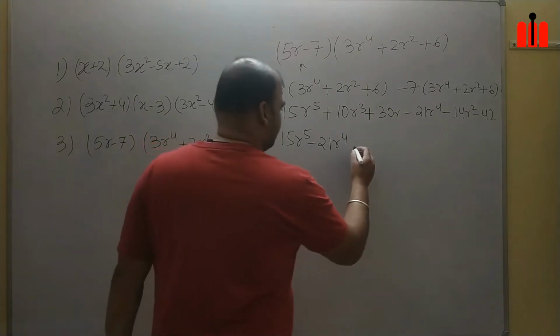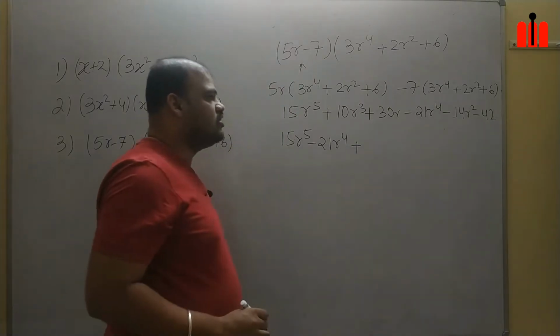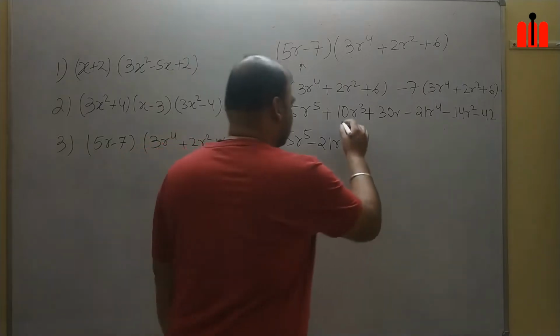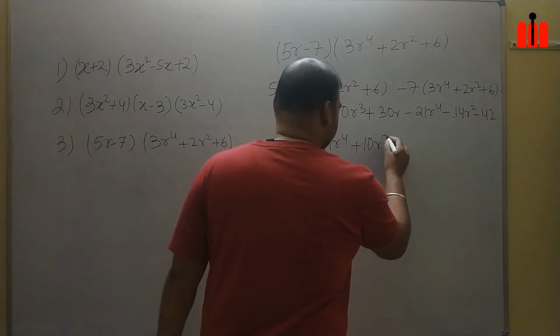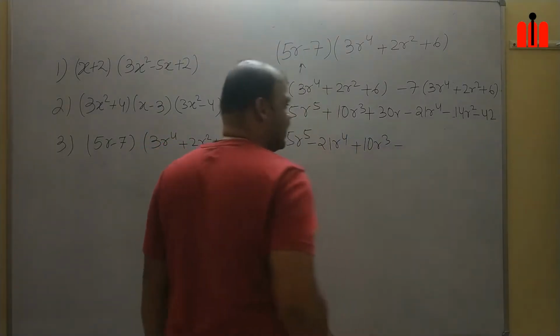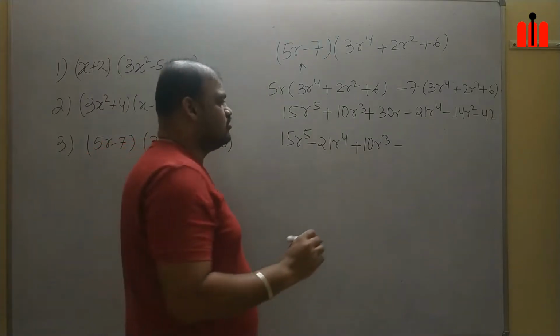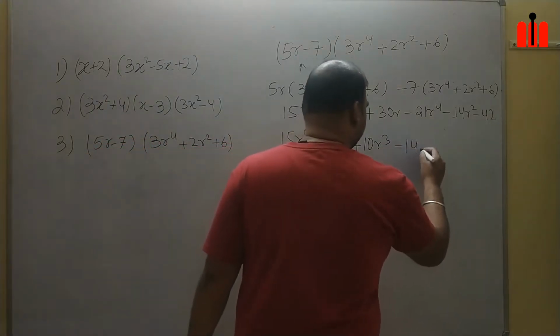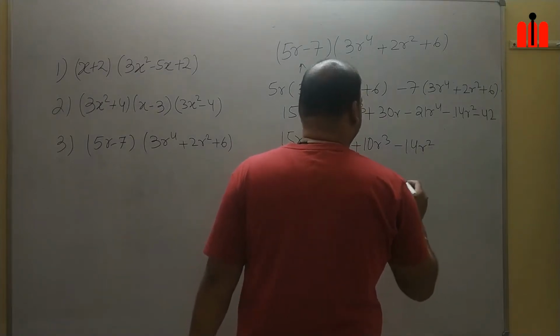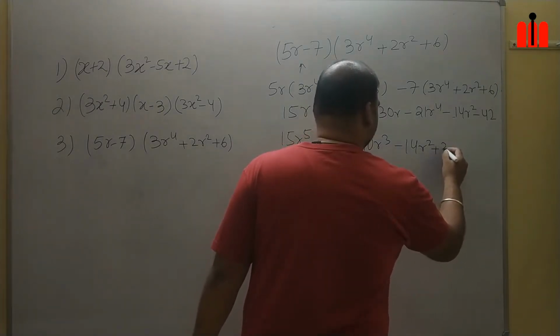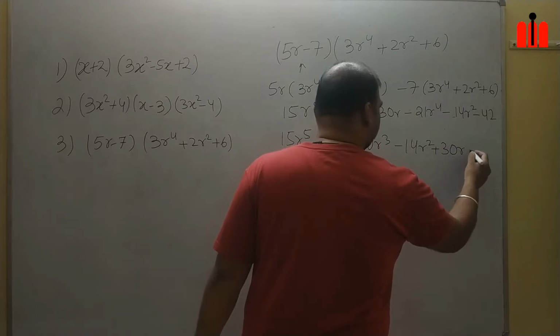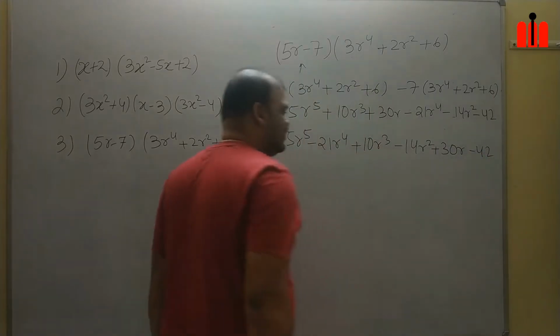Now for r cube, any like term? No, except 10r cube, so it is 10r cube. For r square, any like terms? No, only minus 14r square. After that r, any like term? No, except 30r, and the constant, which is minus 42.